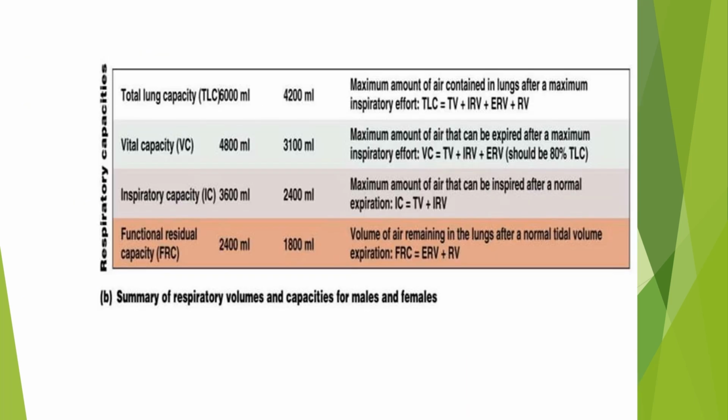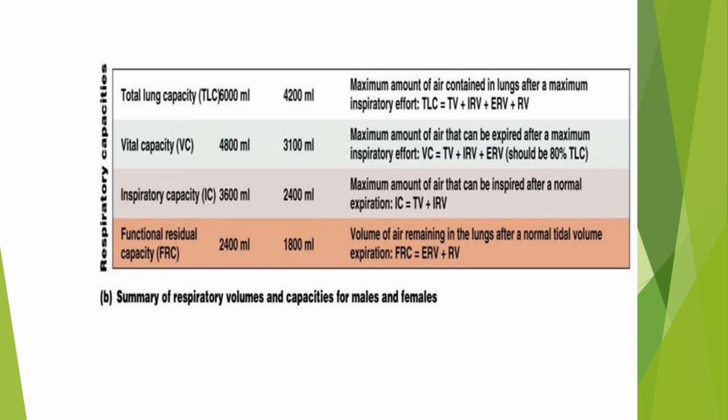So now this was the summary of all the respiratory volumes and capacities for males and females. Total lung capacity, TLC, is 6000 ml for males and 4200 ml for females. Vital capacity is 4800 ml for males and 3100 ml for females.